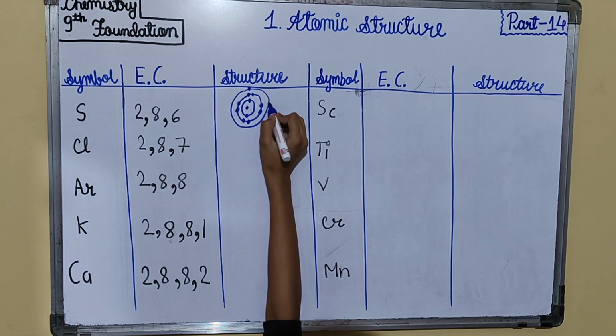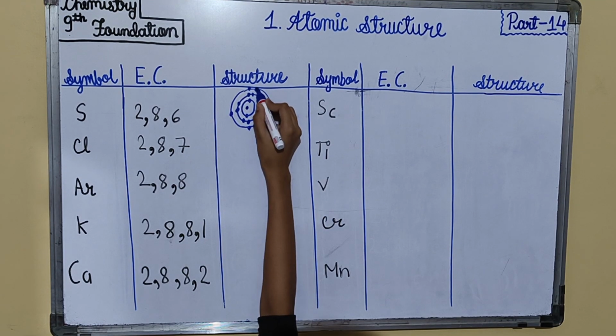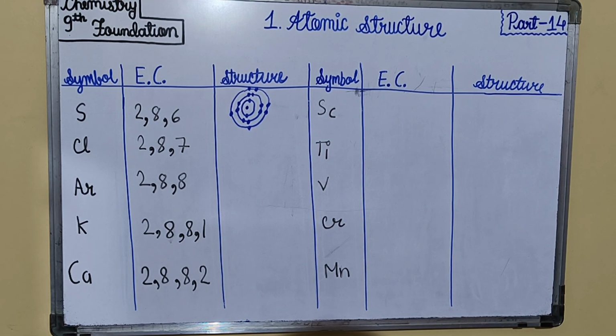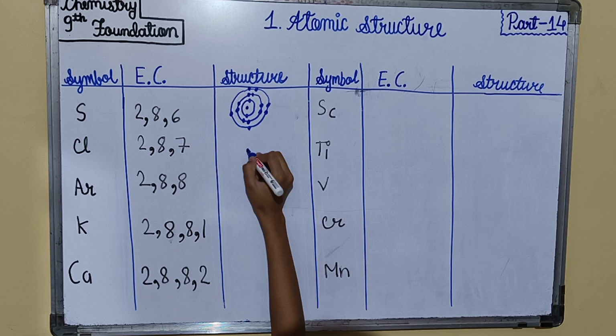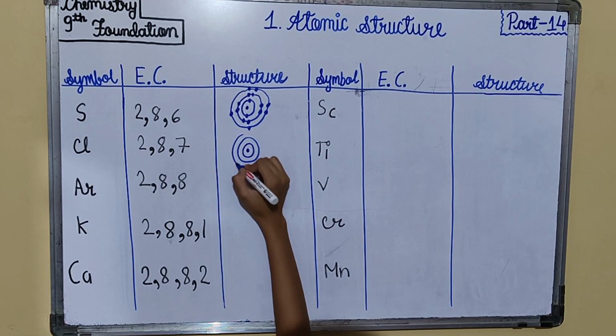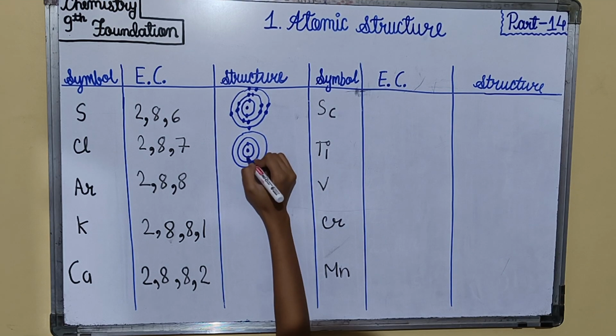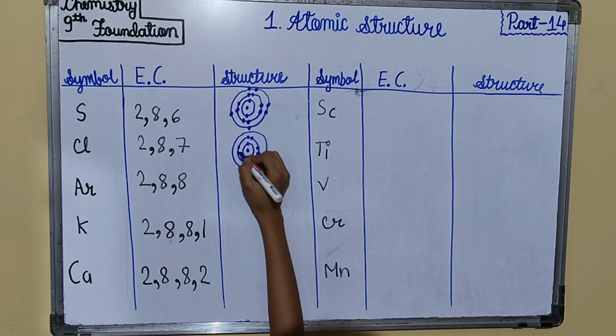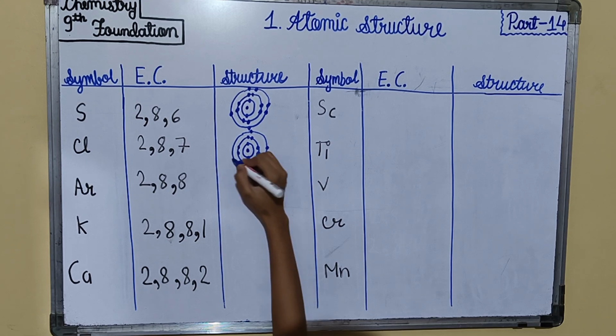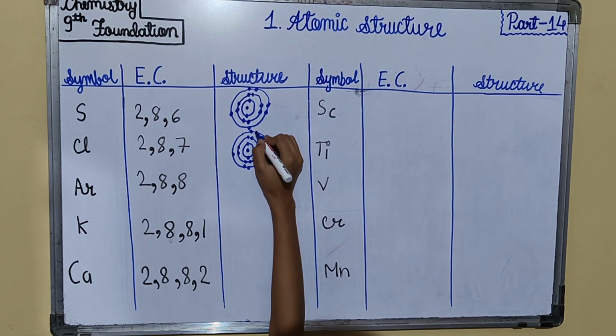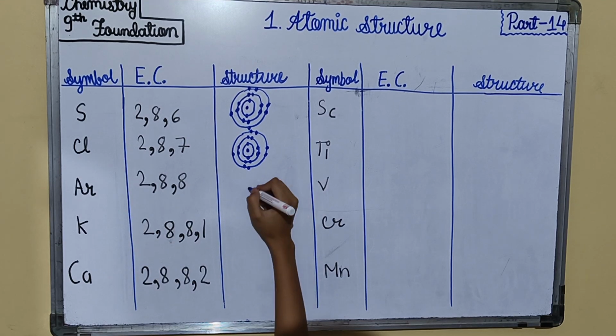Now chlorine is this one. Like this. Argon's structure is this.